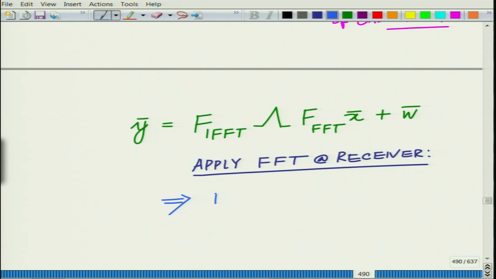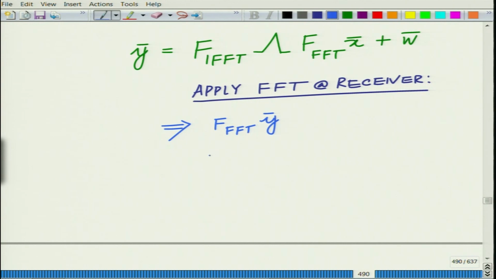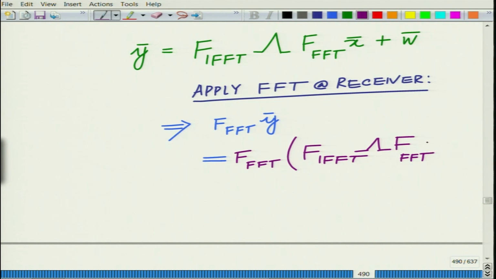This implies you will have F of FFT times y bar, which will be equal to F of FFT times F of IFFT times lambda times F of FFT times x bar plus w bar.